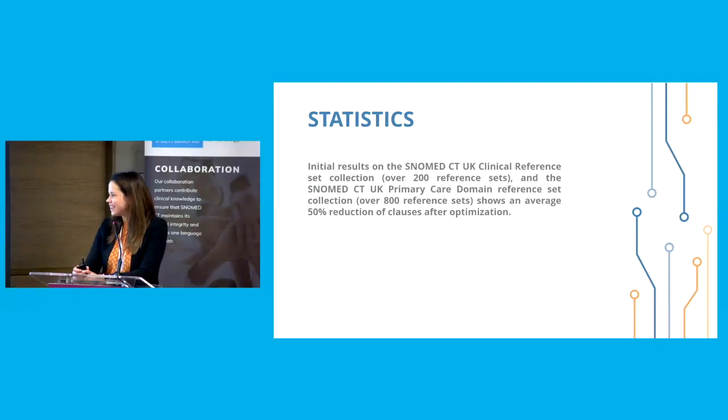So I said we were looking at two large ref set collections from the UK. One was from the primary care domain, the other was from the clinical ref sets. The total ref set count is over 1,000. And after optimizing the definition of all these 1,000 reference sets, the clause count, so the number of queries that are listed as members, was reduced by roughly 50%.